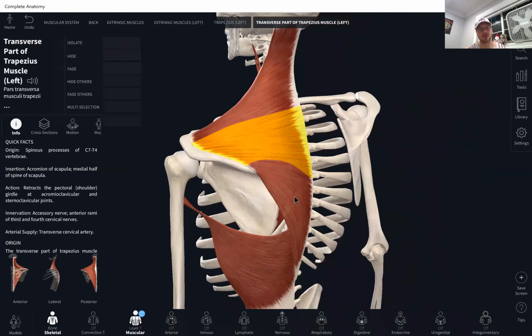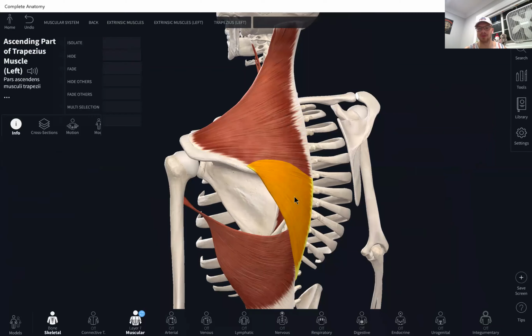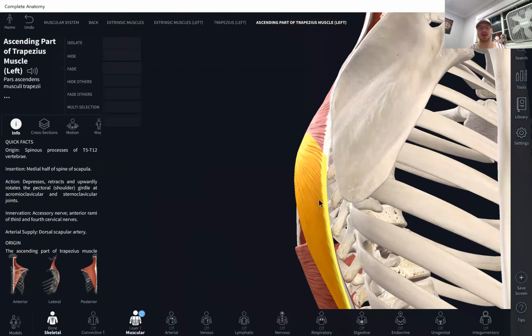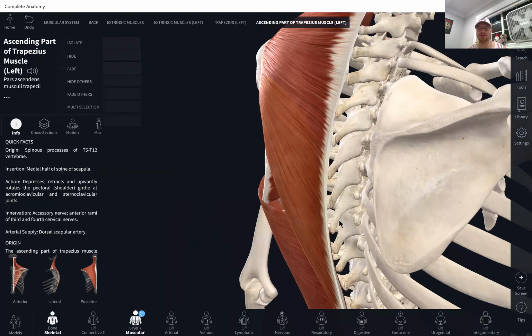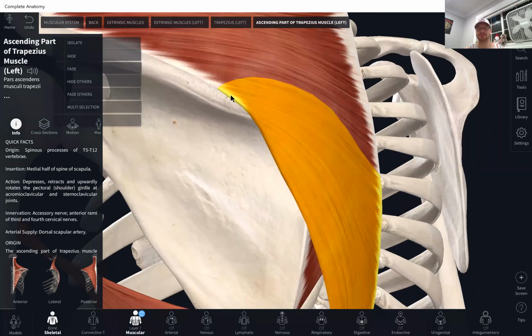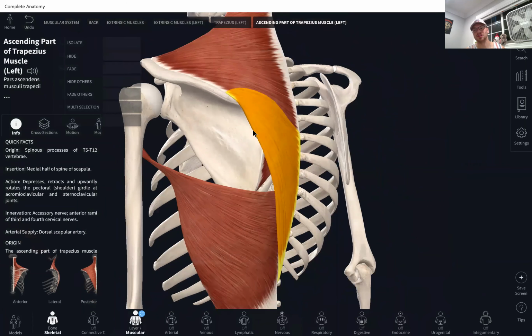And then our last section here is going to be our lower trap. This is originating from T6 to T12, those spinous processes and supraspinous ligaments. And we follow it laterally and see that it inserts as well into the spine of the scapula. And so the function here is going to be, again, scapular adduction, bringing the scapulas together, as well as depression and the upward rotation of the scapula.